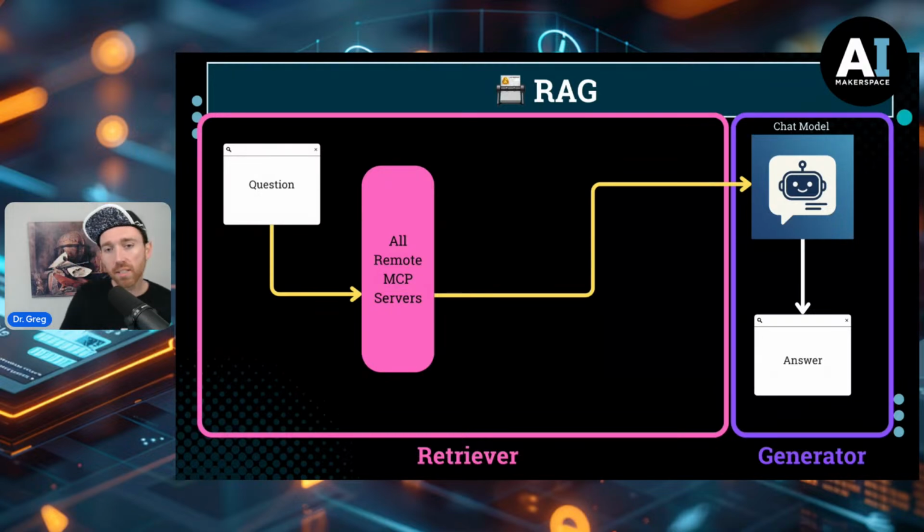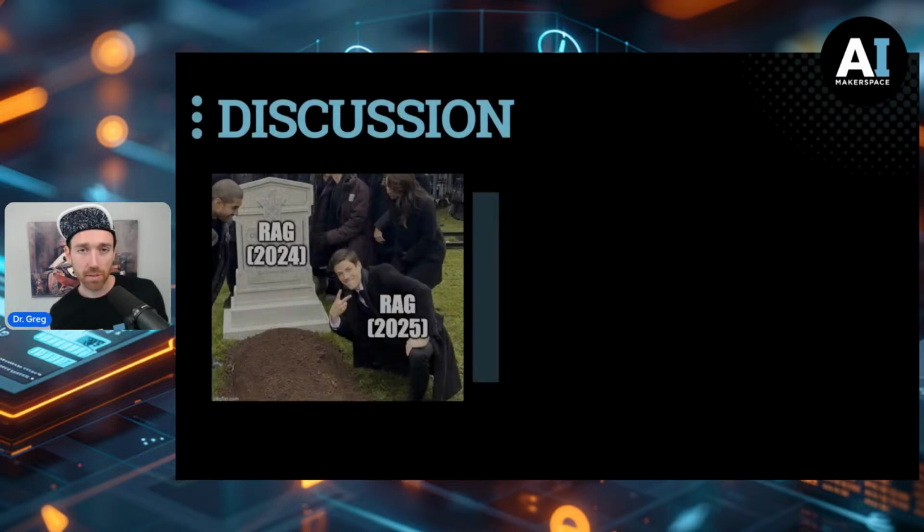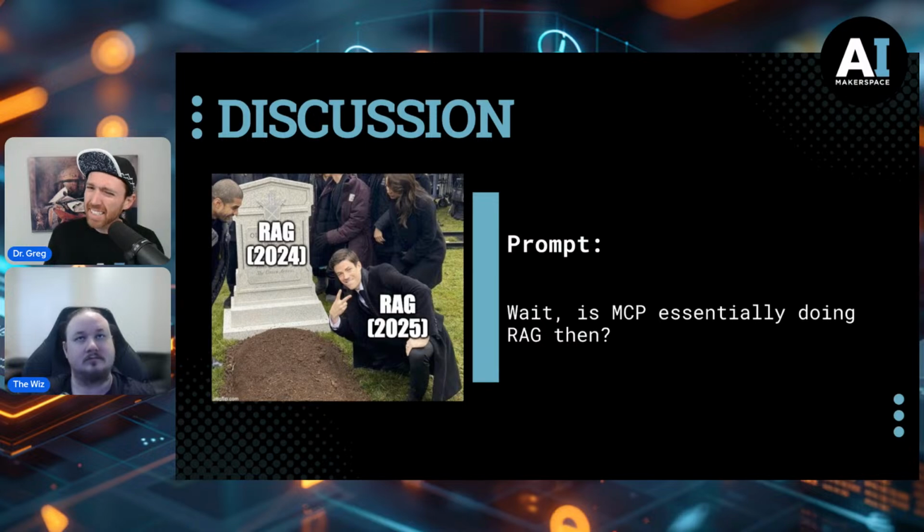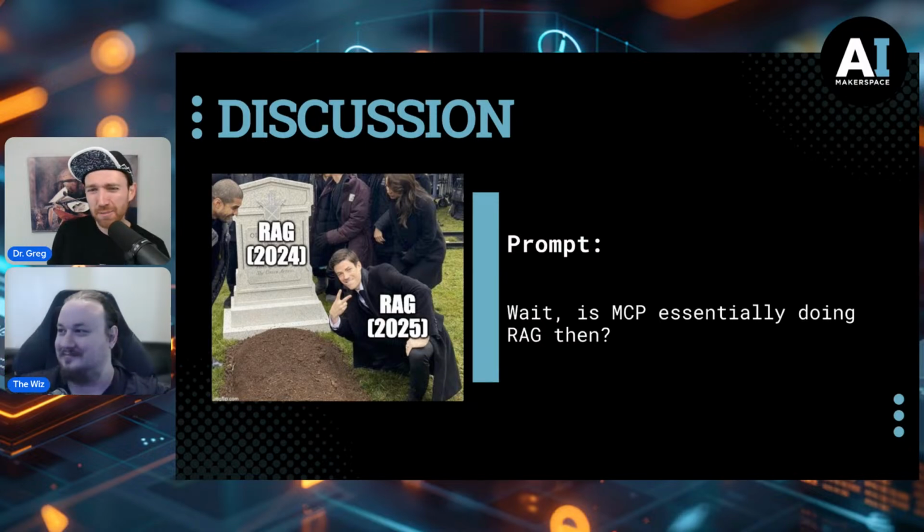And so, Wiz, I'd love to have a quick discussion with you on this point for a second. Is it okay to say that MCP is kind of doing RAG then? How do you think about this? I mean, no, I don't think it's weird, of course, but it's not the weirdest. Yeah, MCP is helping us do RAG, right?